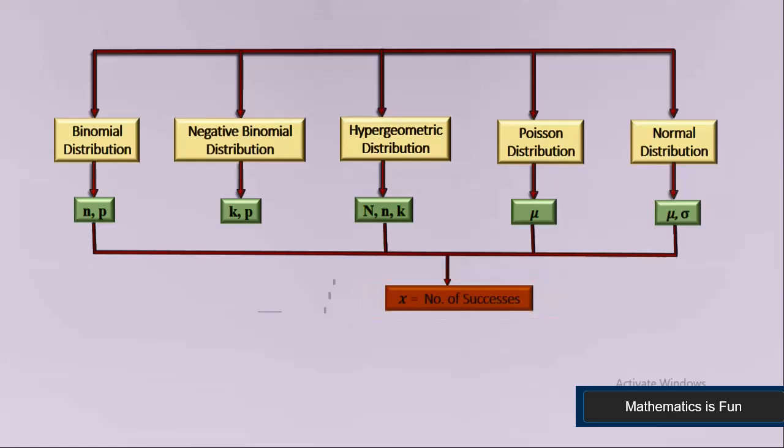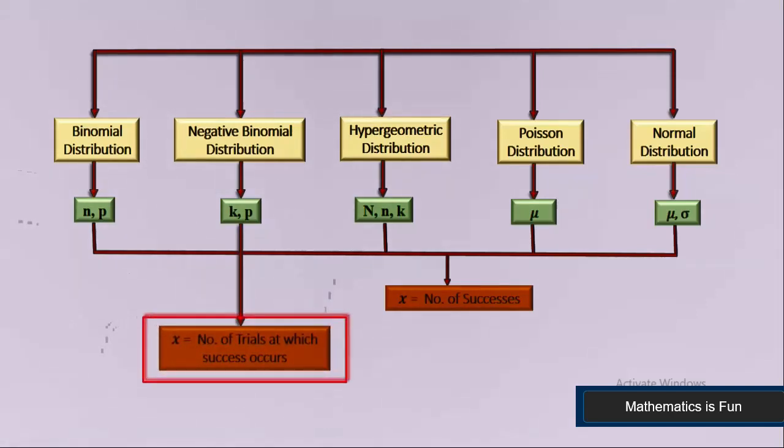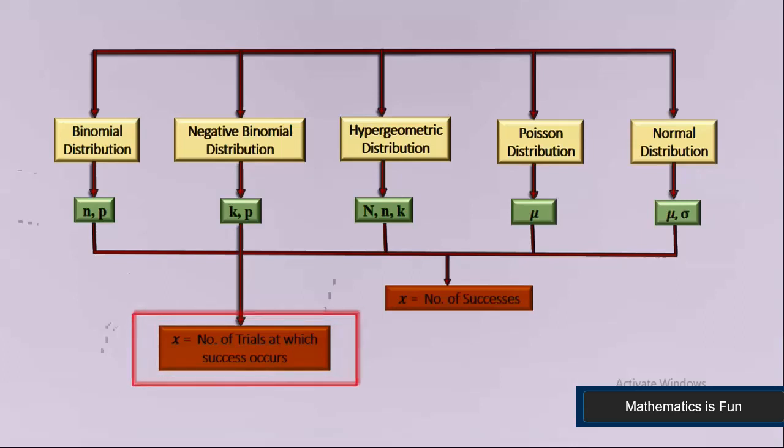But in negative binomial distribution, the situation is very different. Here, x is the number of trials at which success occurs. So in negative binomial distribution, we are interested to find the probability that I will get success at this number of trials.